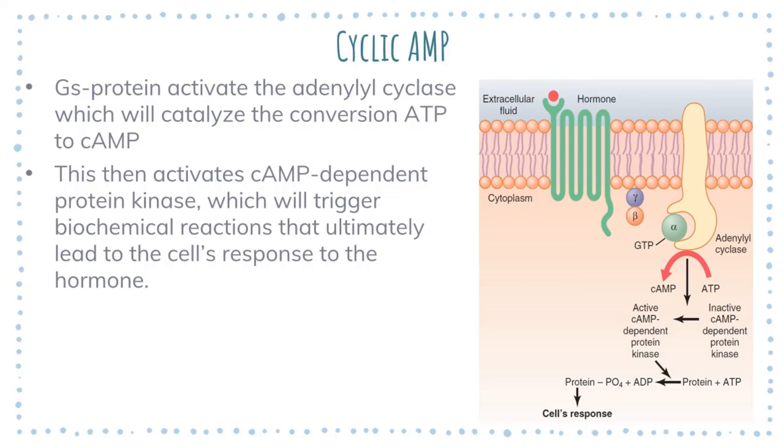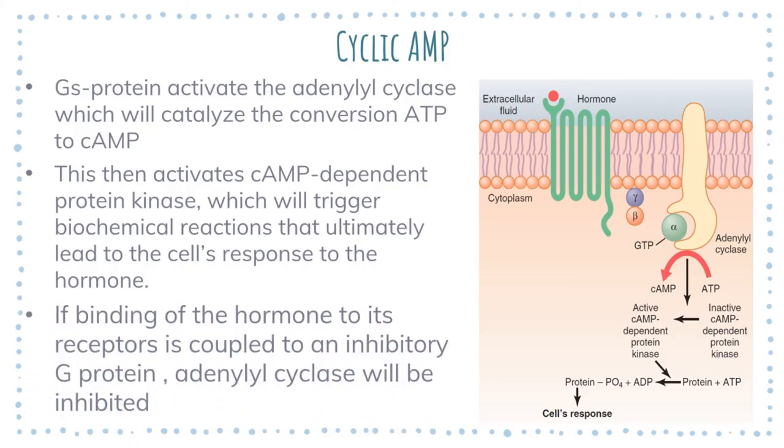This then activates cAMP-dependent protein kinase, which will trigger biochemical reactions that ultimately lead to the cell's response to the hormone. The binding of hormone to its receptors is coupled to an inhibitory G protein. Adenylate cyclase will be inhibited.